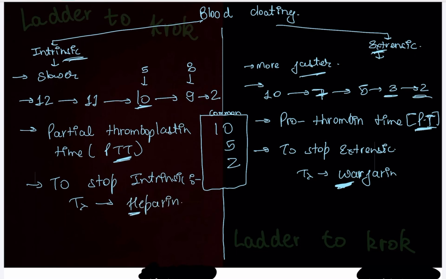You know what comes after H in ABCD? F, G, H, I. After H, what comes? I. So intrinsic. Heparin: you know anything about heparin? Heparin is a natural anticoagulant, the only natural anticoagulant. So just remember these basic things, which are common: 10, 5, 2, more, faster, slower. From this chart you can understand everything.